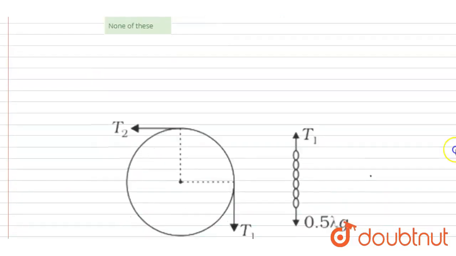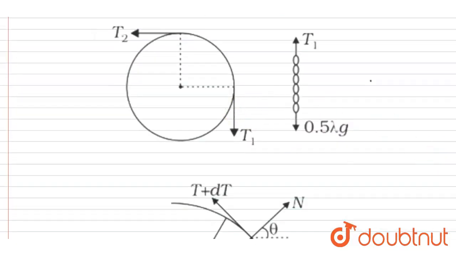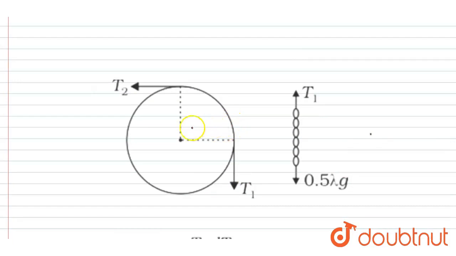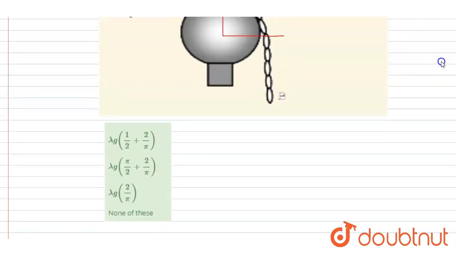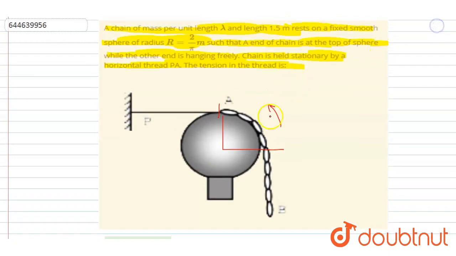We are moving from T1 toward T2. We can get this T1 simply by writing the force equation on the part which is below this.